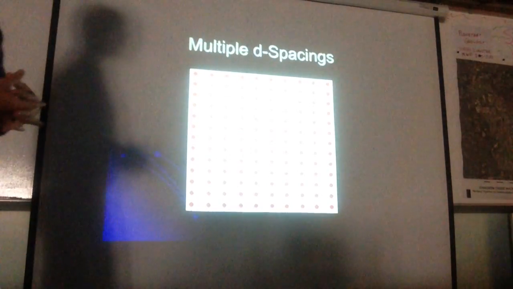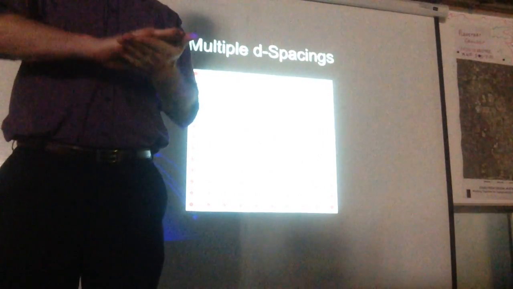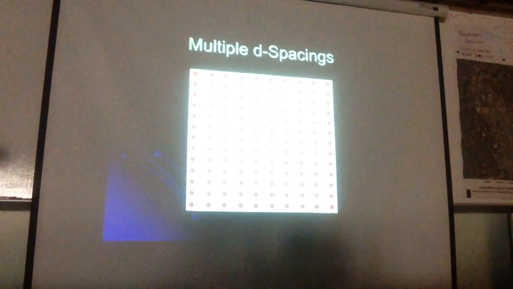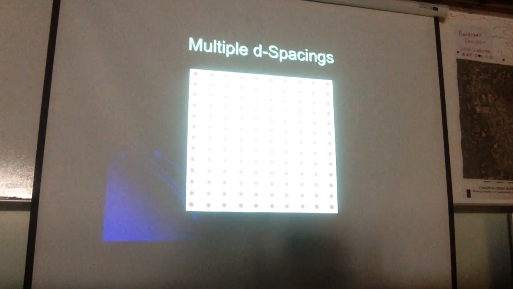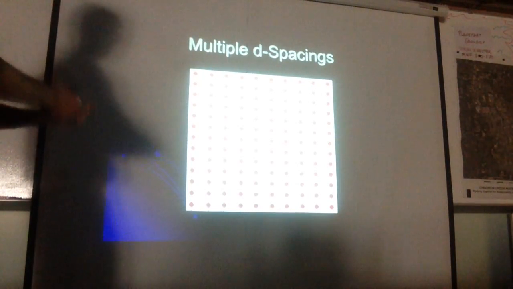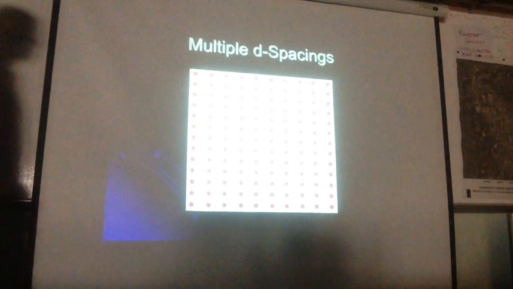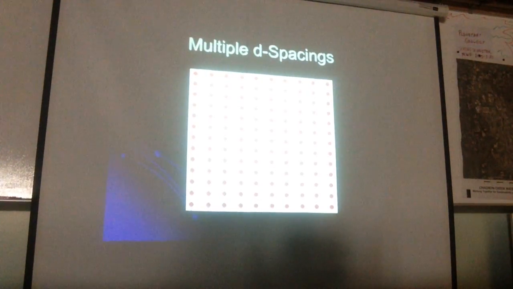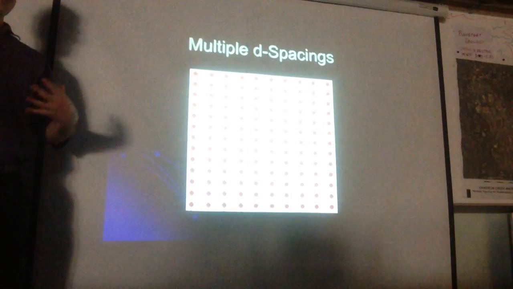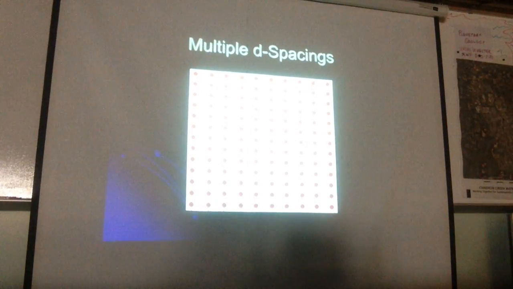Now, if you're dealing with clays, this can be problematic because clays like to lay flat, and if you put them in a flat tray, you're going to get some interference because all the X-rays are hitting those clay minerals at the same angle and interacting with your atoms inside the crystalline structure in the same manner, and that doesn't give you a very good picture of what the XRD pattern for that mineral is.